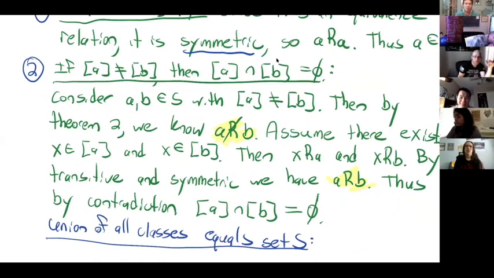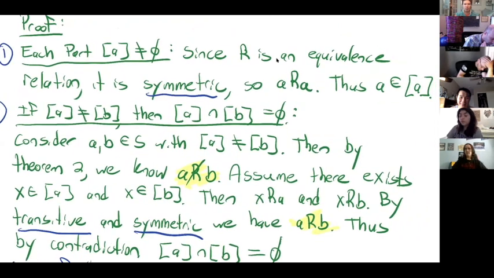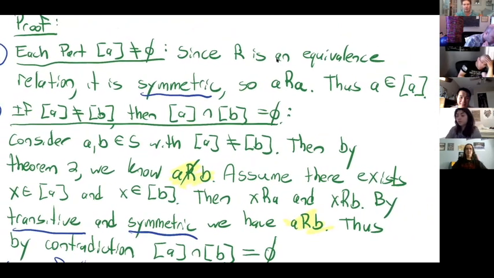But over here, we needed the transitive property and the symmetric property. This is wrong. Right, that's using the reflexive property up here.